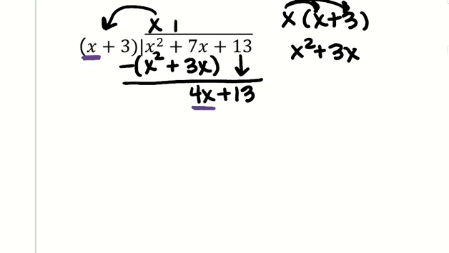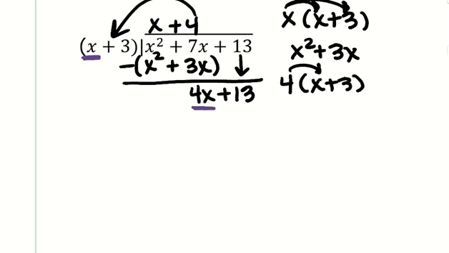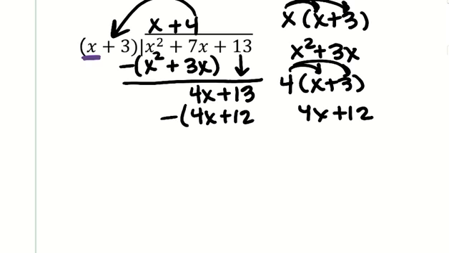You multiply x by positive 4. So then I'm going to do the same thing. I'll have 4 times x plus 3, and that'll be 4x plus 12. So I've got that here, 4x plus 12. We're subtracting that, and 4x minus 4x is nothing. 13 minus 12 is 1.